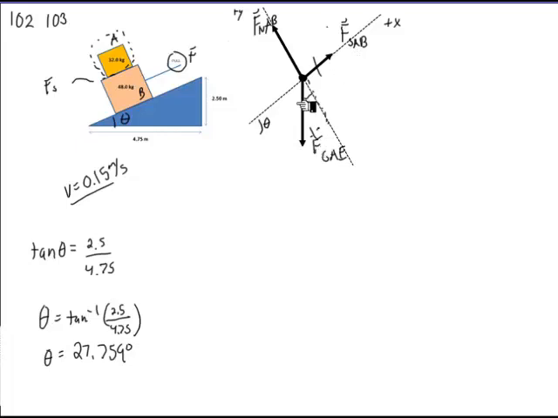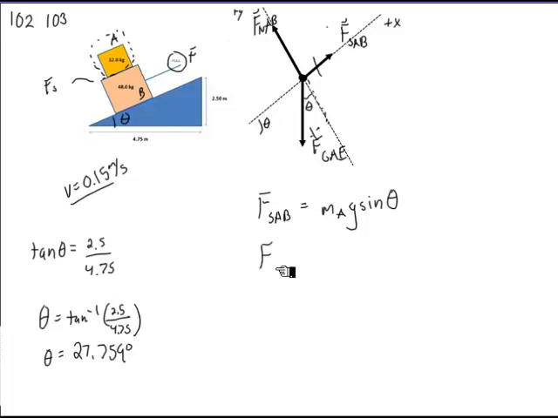So yeah, you can do the components and you can write out all the stuff, but be clever. Recognize that FSAB has to equal MAG sine theta. Otherwise, it wouldn't be moving at a constant velocity if these two weren't the same size.